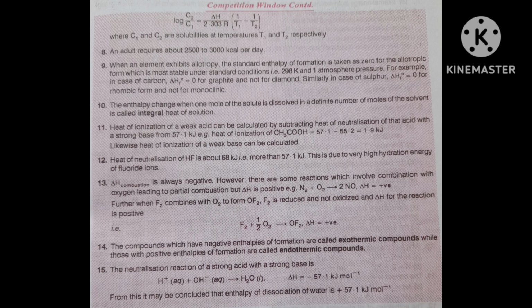Example: heat of ionization of acetic acid, CH3COOH, is equal to 57.1 minus 55.2. 57.1 is the heat of neutralization for a strong acid and a strong base.